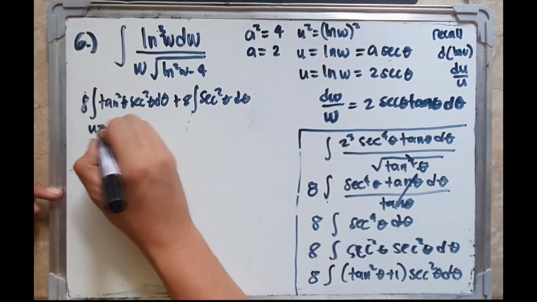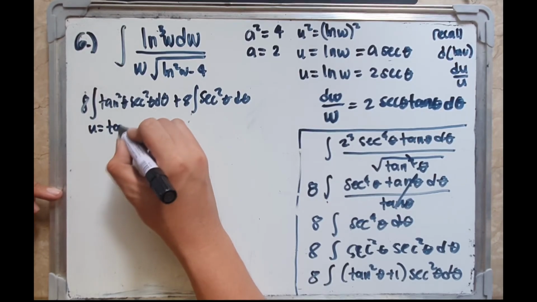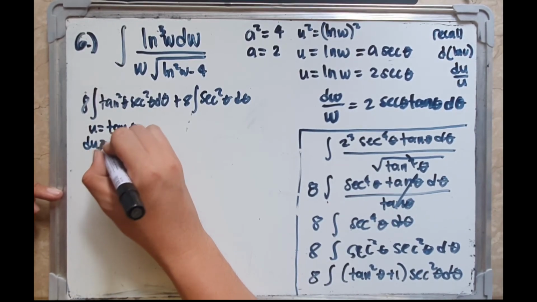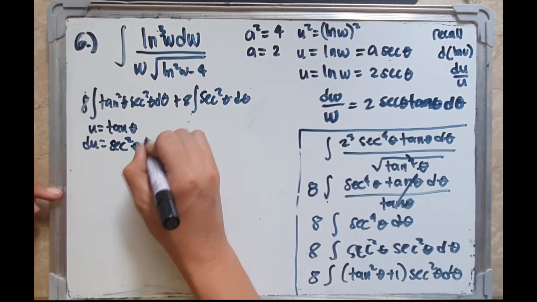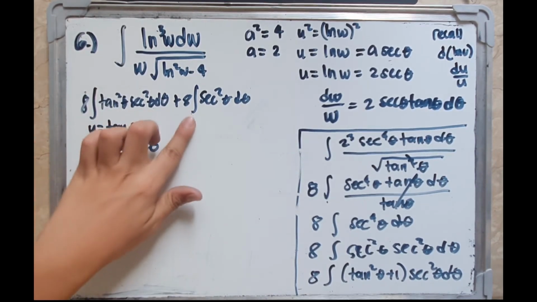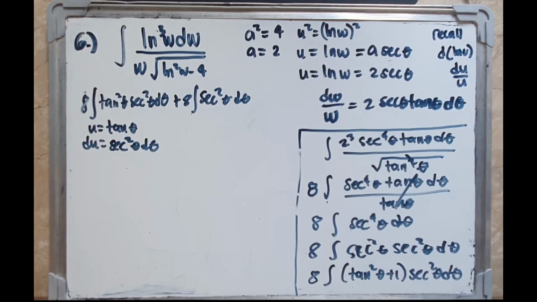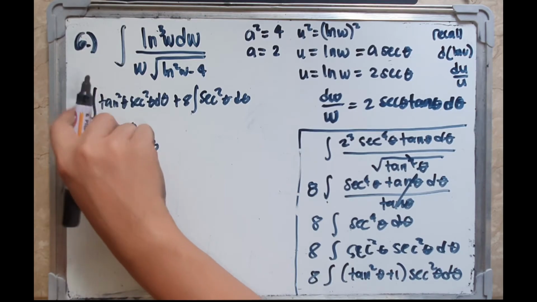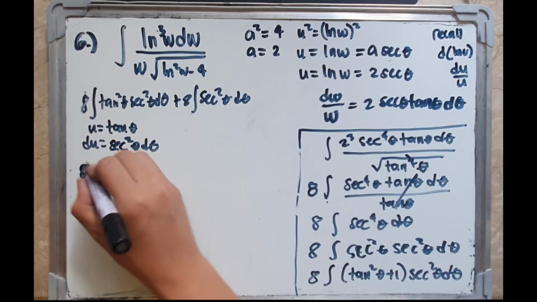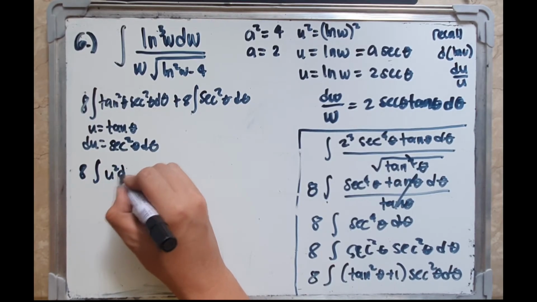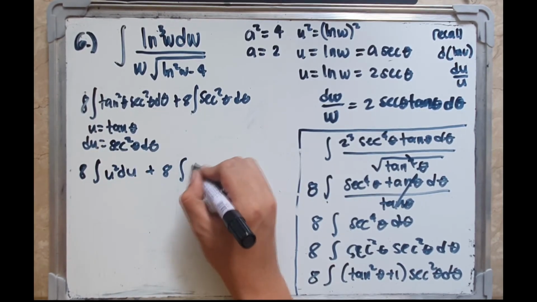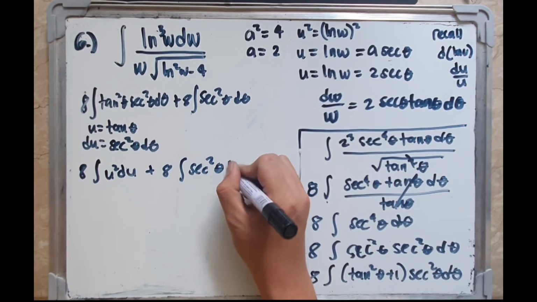Obviously, we could assign u here as tangent theta, and the derivative of u is here, secant squared theta d theta. Here we have the direct integral of secant squared theta d theta, which is equivalent to tangent. So now we have 8 integral of u squared du plus 8 integral of secant squared theta d theta.